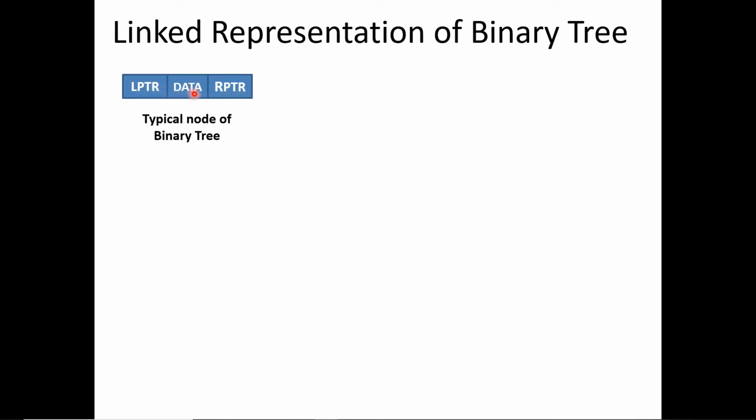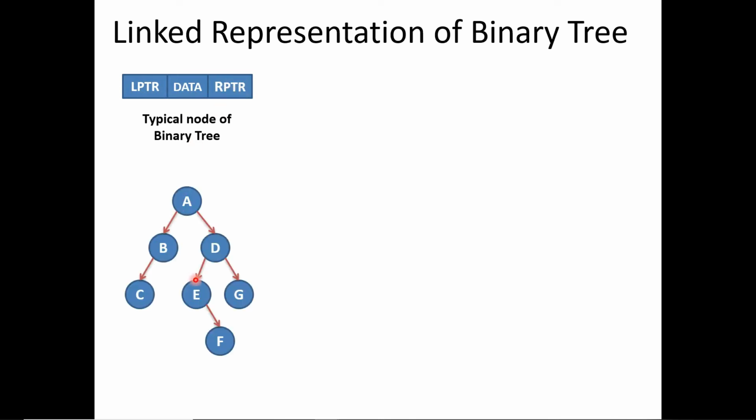One part is for data, and the other two parts are one for left pointer and another one for right pointer. Here this binary tree is already given. So now for node A we have to take a typical node which has two pointers and one data value, that is A. Now A has two children, that is B and D.